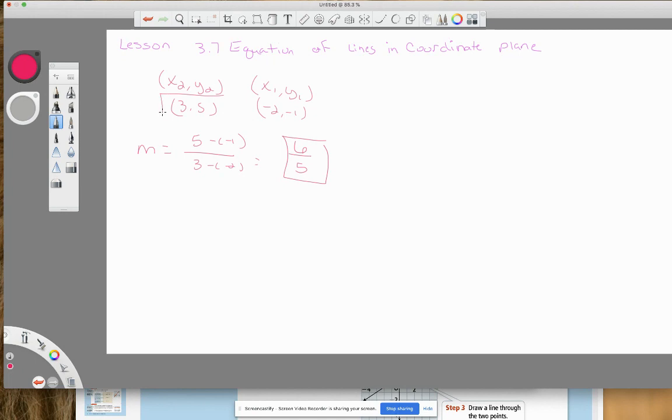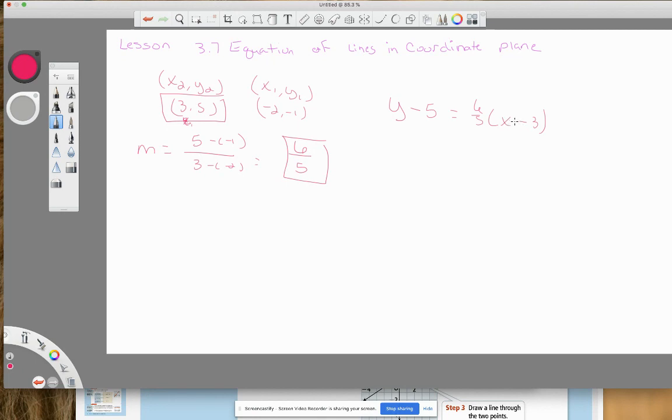I'm going to choose the positive numbers as my x1, y1 coordinate. So now I can put it in point slope. So y minus y1, or y2, is going to be 5 equals my slope times x minus 3. And there's your equation. Because they didn't tell you what form, they said just write an equation.